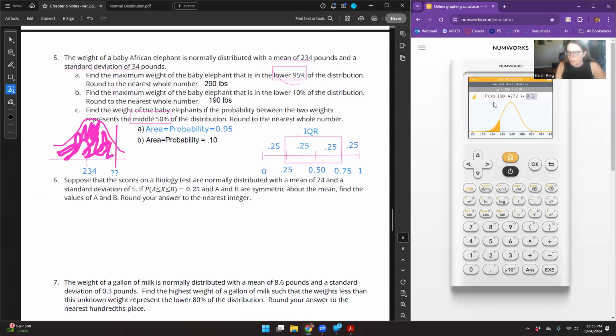So then what I want to do is I'm going to go over, because I want the in-between parts. This is for part C. I want the in-between parts, which is the second one. And I want to go from 25% to 75%.